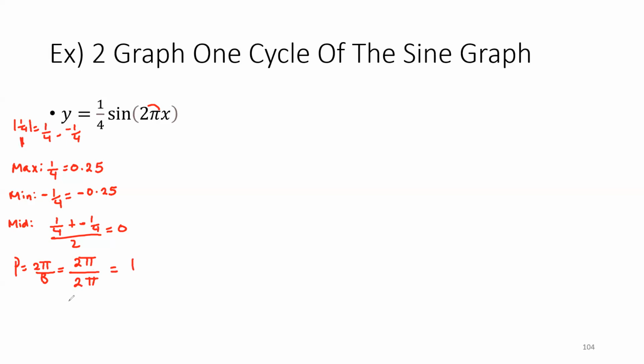So it's 1. And then to find the critical values, you take the period divided by 4. So your period is 1 and then you divide that by 4, so that's 1/4. Okay, so now we have enough to graph.